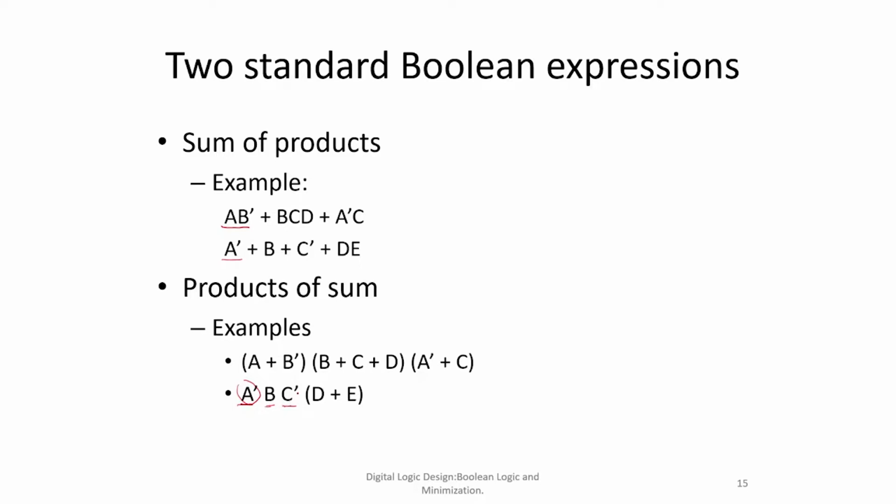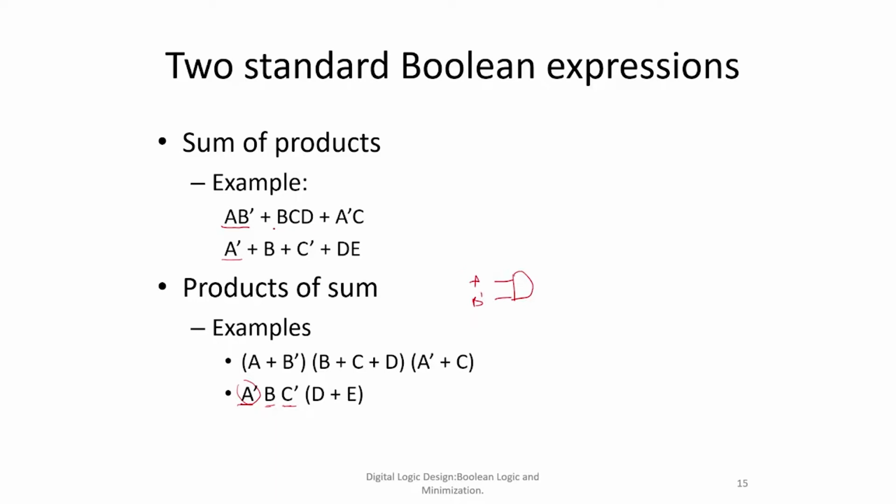Now, what is the significance of these two standard Boolean expressions? If we have these Boolean expressions, we can implement them in the form of AND and OR gates, and there is a standard two level logic which we can implement. For example, if I want to implement this, I can have an AND gate which takes A and B dash.